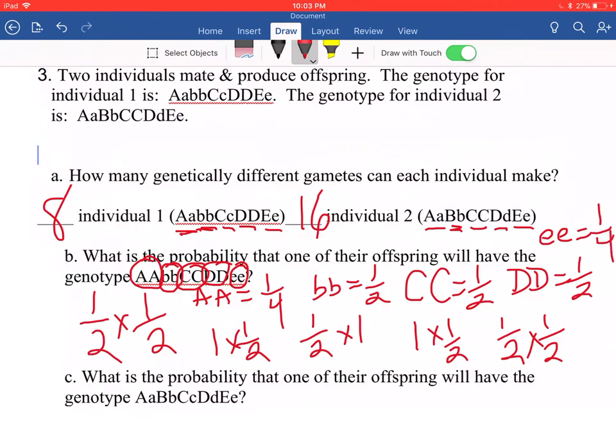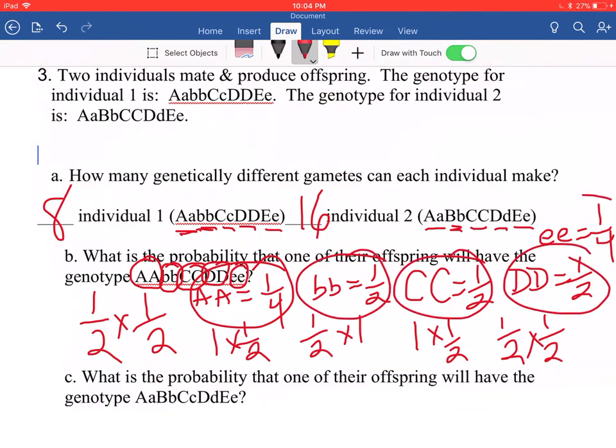Now we've got all of these fractions here, so what do we do with them? Now we can look at the probability of getting each of these pairings that we have just calculated to occur, because those are the ones that we are interested in given the problem set.